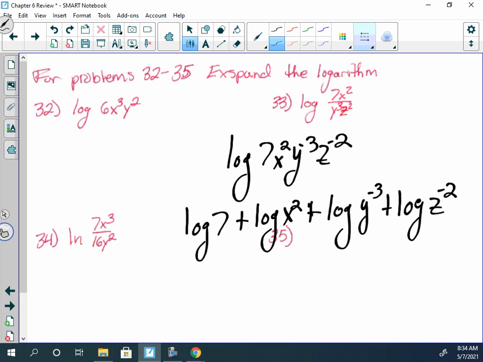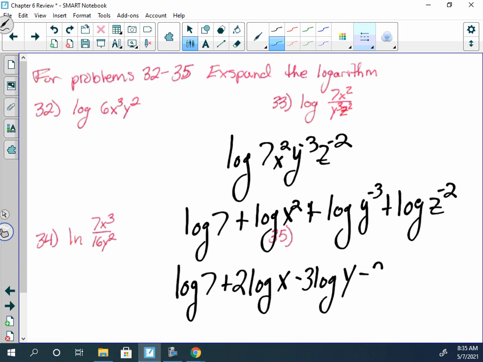Questions on this here? Now we can use our properties of exponent, so we take the exponent and throw it out front. Well, log of 7 is not going to change. But then we have plus 2 log of x minus 3 log of y minus 2 log of z.